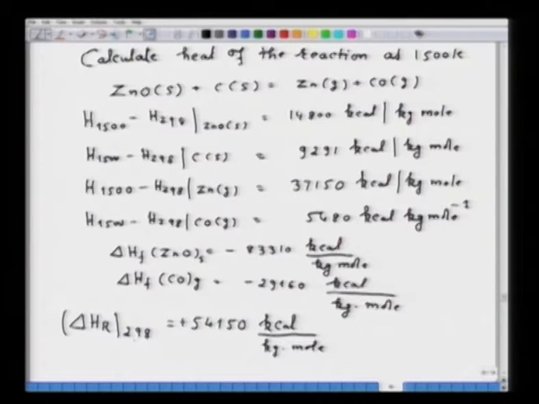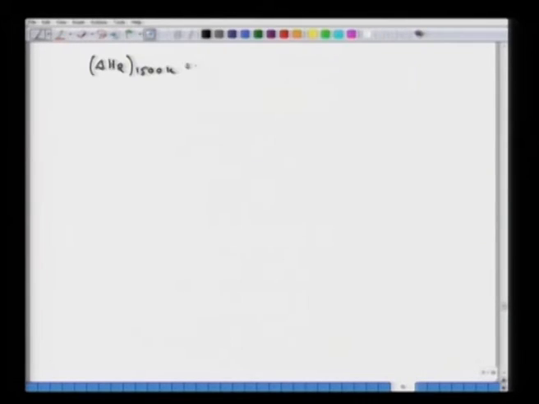So, what we have to do now, say delta HR at 298 Kelvin plus sigma H 1500 minus H 298 of products minus H 1500 minus H 298 of reactants.